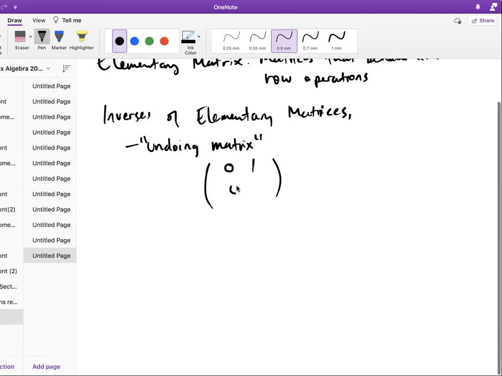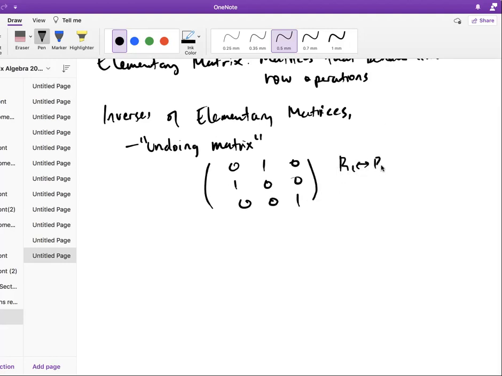So here, let's do it with 2 by 2s. So this is the row swap matrix, right? We can do 3 by 3s. So this is the row 1, row 2 swap matrix. How do you know it has an inverse? Immediately you should know this has an inverse.